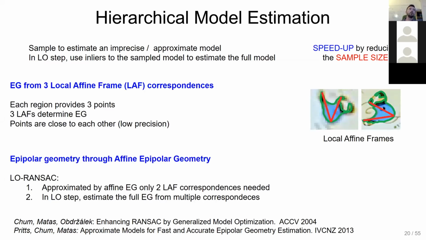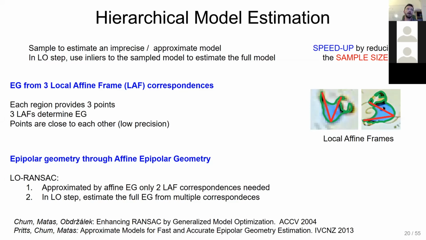So one of the methods I want to mention is, instead of degrading feature matches to simple point-to-point matches, you can actually estimate something called a local affine frame, so that each region-to-region correspondence gives you 3 point-to-point correspondences.